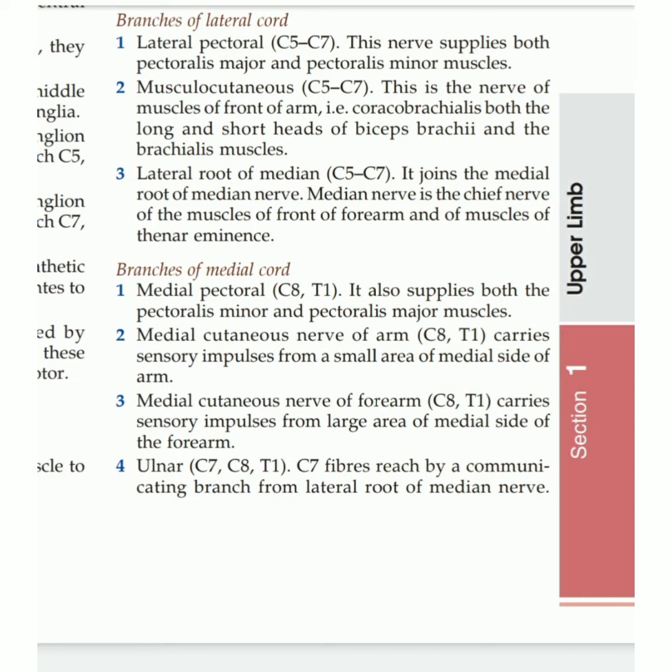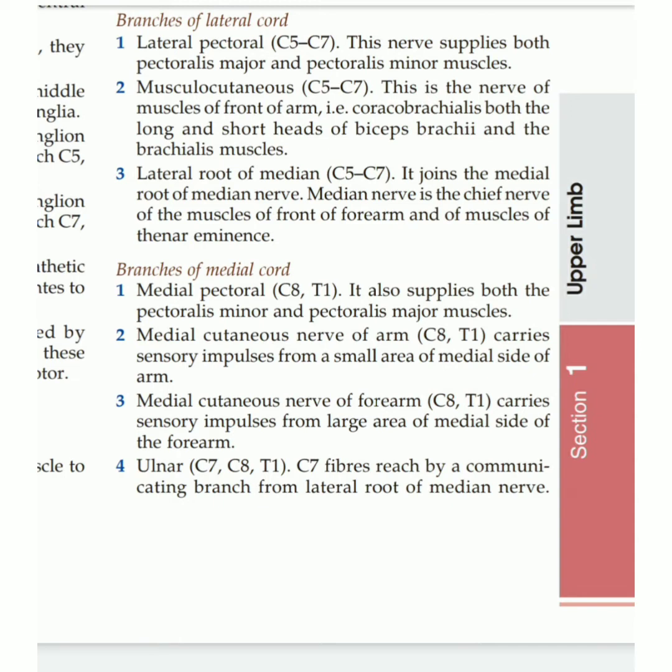This is the nerve of the muscles of the front of the arm, that is, coracobrachialis, both the short and long heads of biceps brachii, and the brachialis muscle. 3. Lateral root of median nerve, C5 to C7. It joins the medial root of the median nerve. The median nerve is the chief nerve of the muscles of the front of the forearm and of the muscles of the thenar eminence.